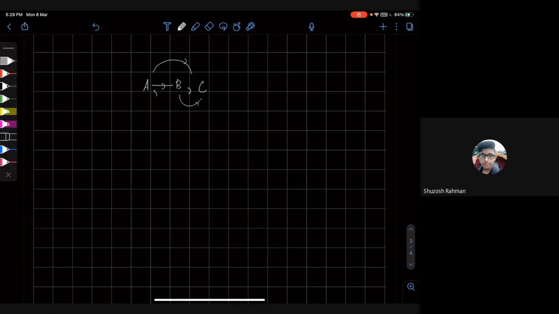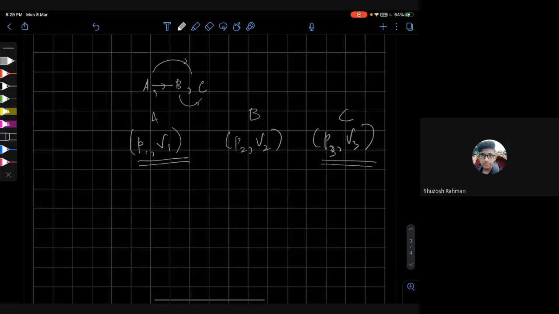And there we said that if these are fluids, then of course their states are specified by, say, P and V. So there is P1 V1, P2 V2, and P3 V3 for A, B and C. And the idea was that if A was in thermal equilibrium with C, there must have been some relationship between these values, some function like f of AC, which was a function of P1 V1 and P3 V3, right?